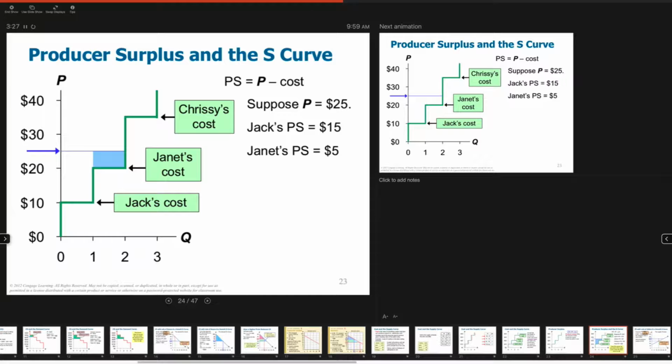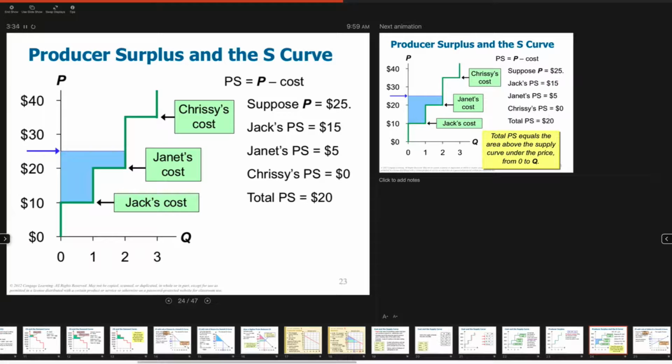Do you add the two? Sometimes the obvious answer is the right answer. So the producer surplus is the area, right? Not just the... Correct.